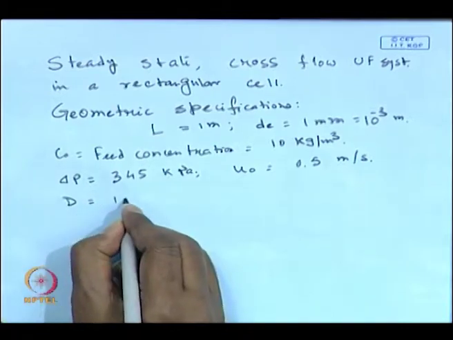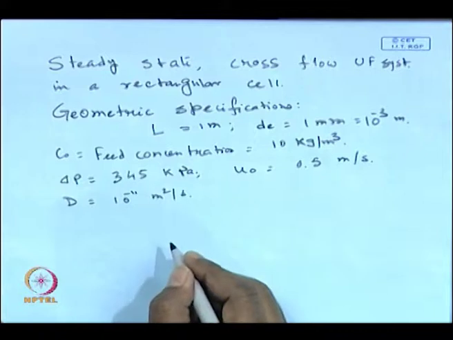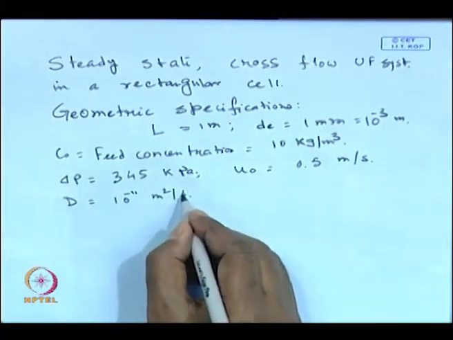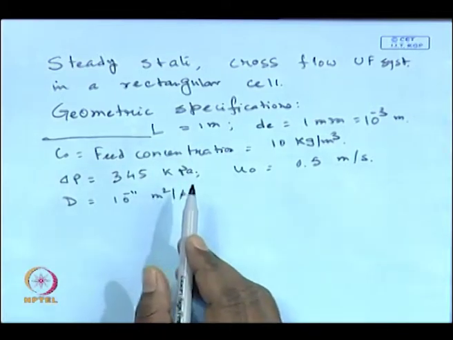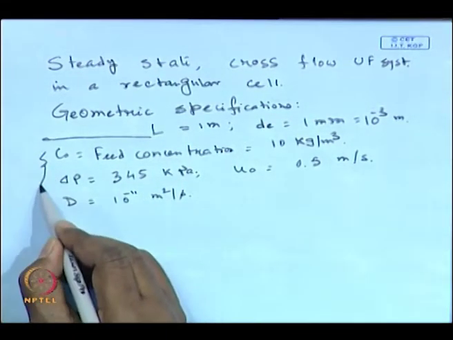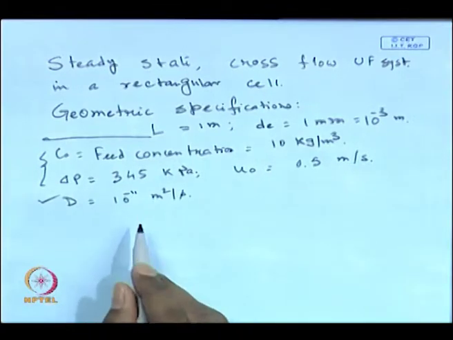The solute diffusivity in the bulk is 10 to the power minus 11 meter square per second. These are the geometric specifications, the operating conditions, and the property of the solute in the feed.